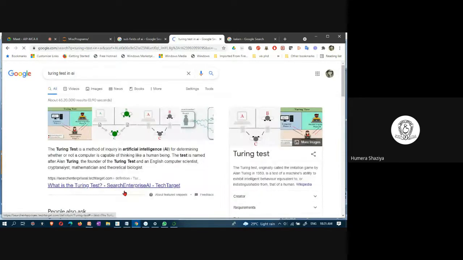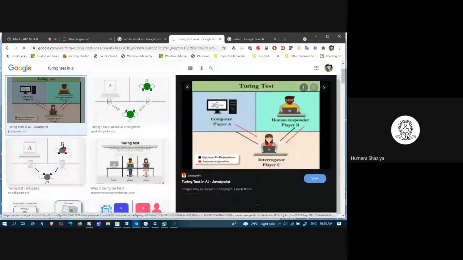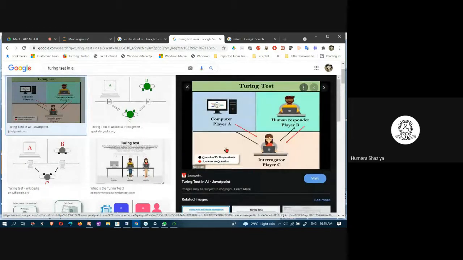What is the Turing test? This is it. This is the Turing test proposed by Alan Turing. There is a computer in one room. There is a human in another room. There are two rooms, and they are locked. Inside one room there is one computer.